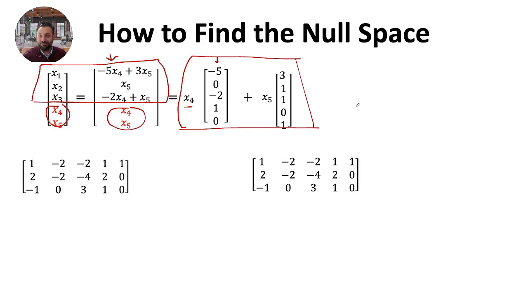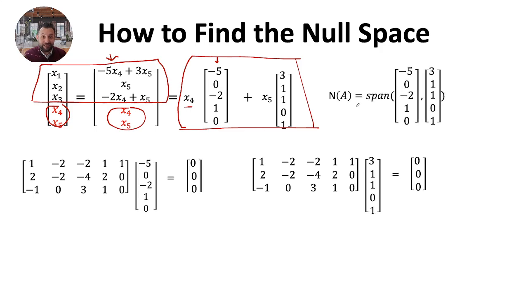And my dear friends, this gives me the basis of my null space. So I can say my null space is the span of these vectors: negative 5, 0, negative 2, 1, 0, and 3, 1, 1, 0, 1. And I can go ahead and check. I can put the basis vectors into my original matrix, and I get 0.